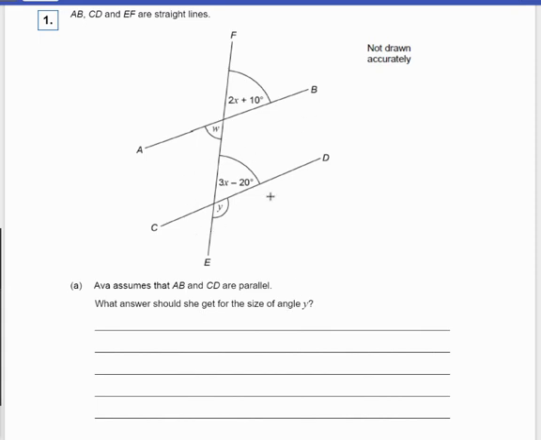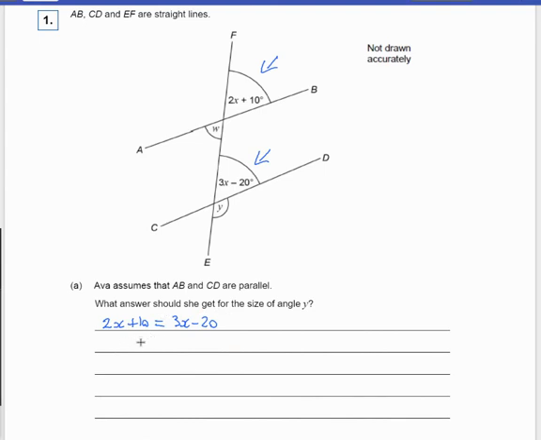If these two are parallel to one another, then this angle and this angle are corresponding to one another, therefore they're equal. So it means that 2x plus 10, the angle at the top, is equal to 3x minus 20, the one at the bottom, because they are corresponding and corresponding angles are equal.